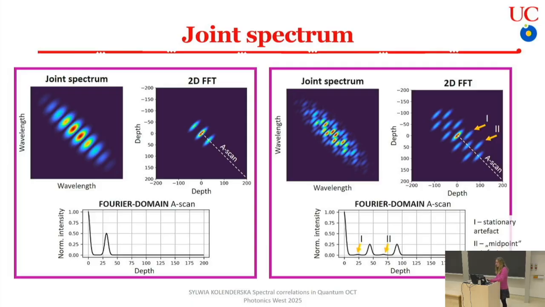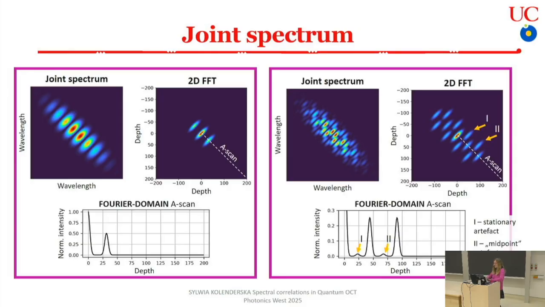And as I said, two types of artifacts. One that I call a midpoint artifact will appear exactly in the middle between the interfaces, and the other artifact will appear at a distance from 0 that is equal to the thickness, or half the thickness, of the object.